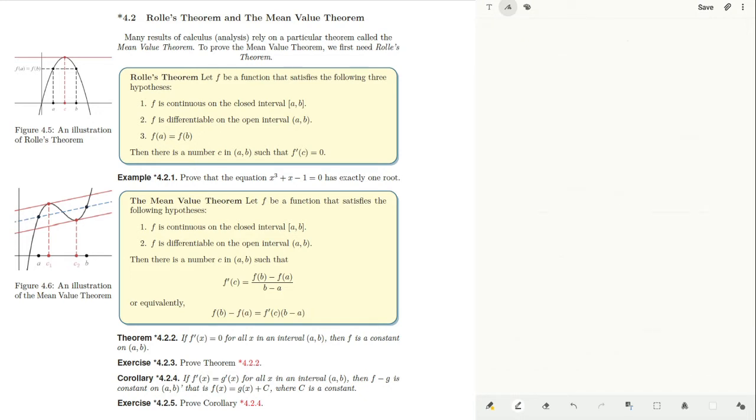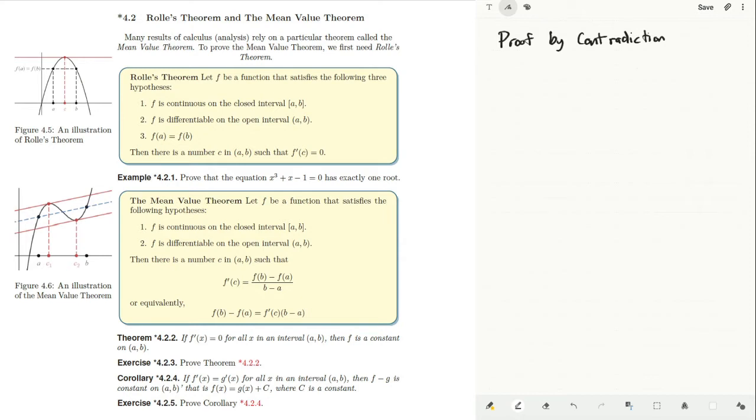Now to show that there is at most one real root, we will use a method called proof by contradiction. And the way that this method will work is to assume that the statement that we want to prove is false. In this case, what we want to prove is that there's at most one real root.